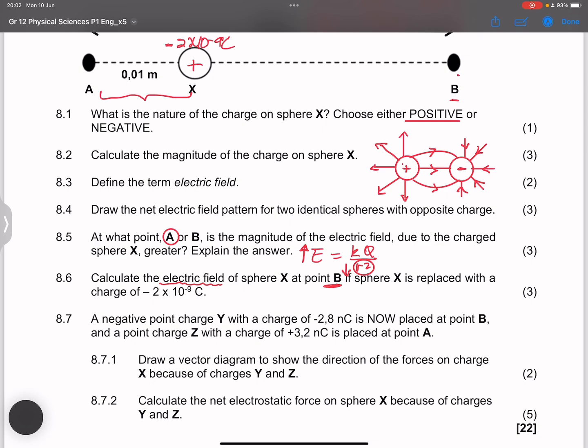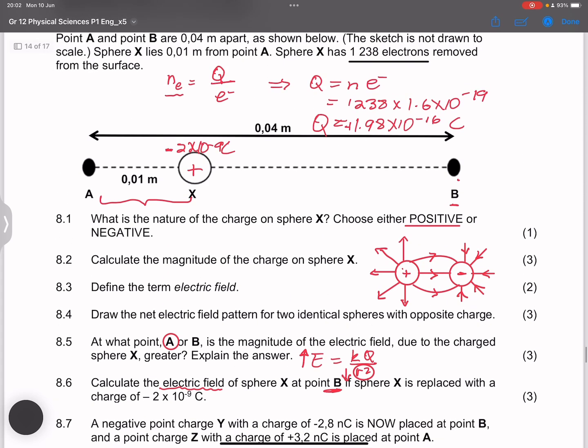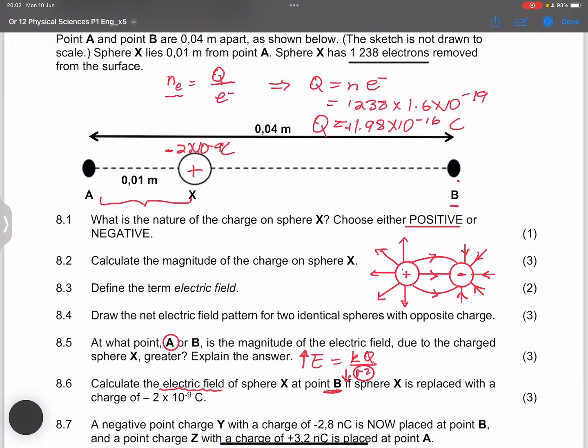For question 8.6, we know that E is equal to kQ over r squared. So the electric field intensity would be 9 times 10 to the 9, multiplied by the charge, which we said is 2. Remember, we don't need to put the sign for the charge.